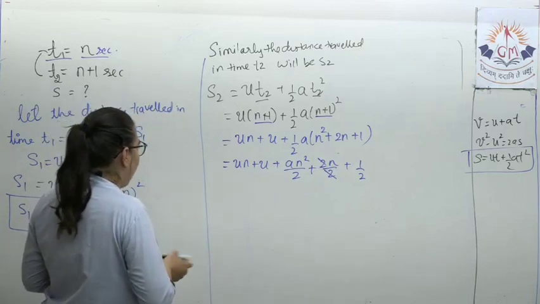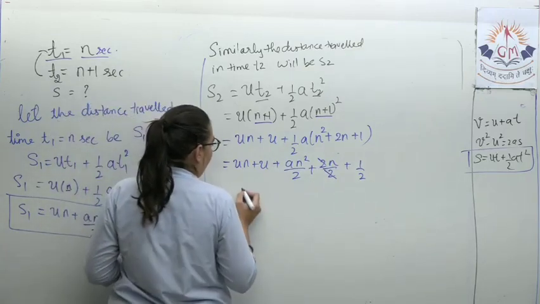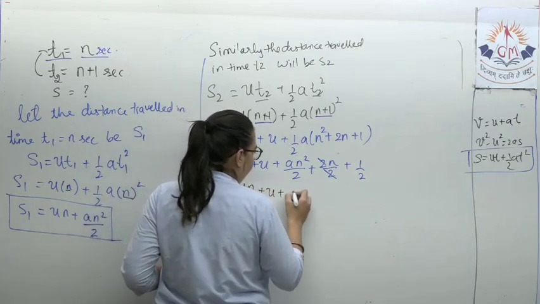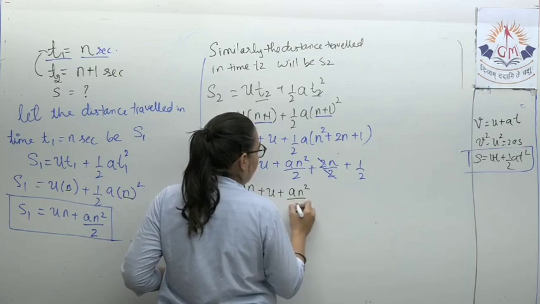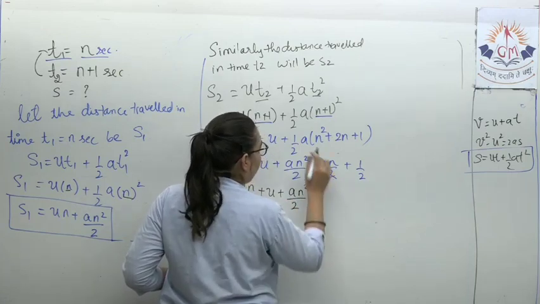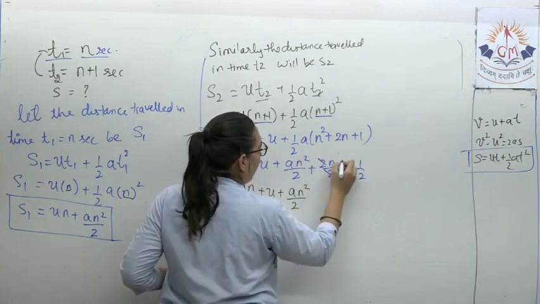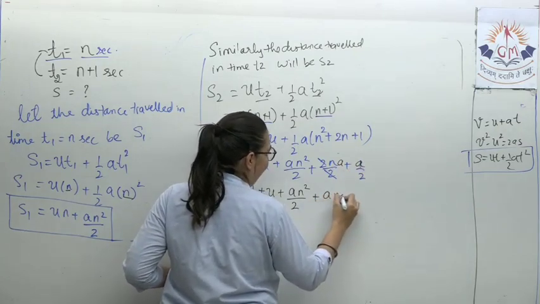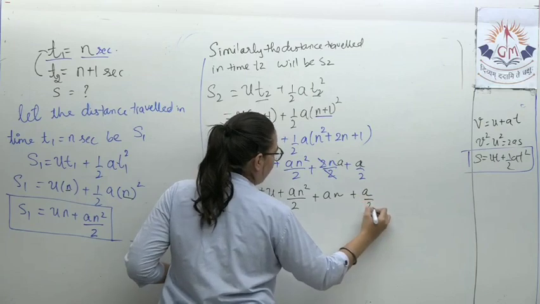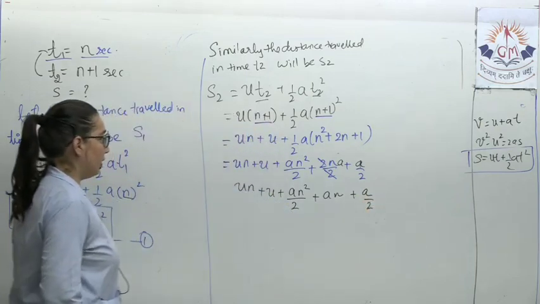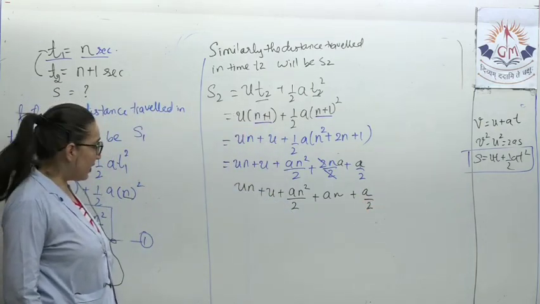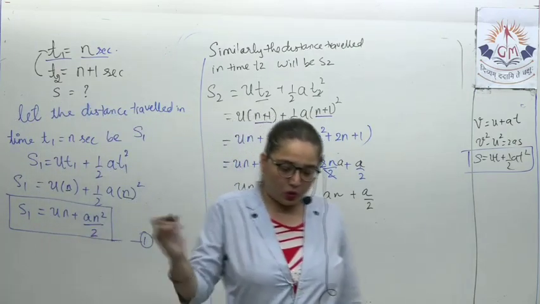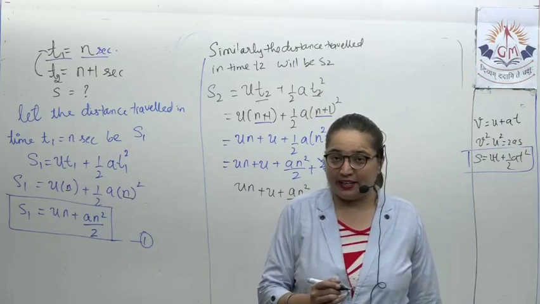Okay, so what you are getting is over here u n plus u plus a n square by 2. This a will get multiplied with 1 over here. So plus a n plus a by 2. This much is clear. Now what we did to find out the relation between the two terms, we had subtracted them.